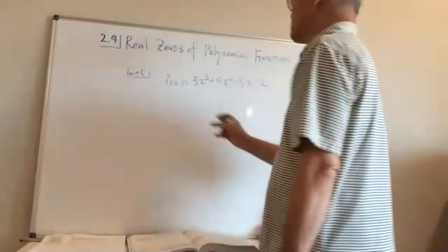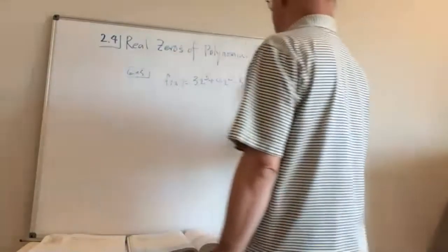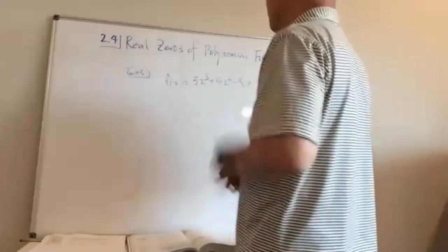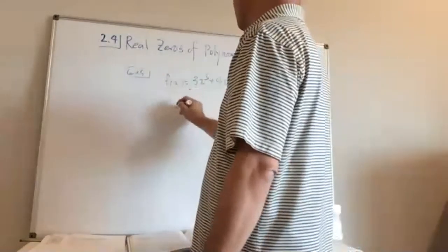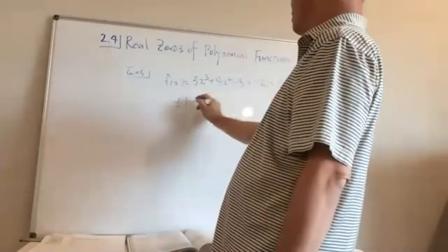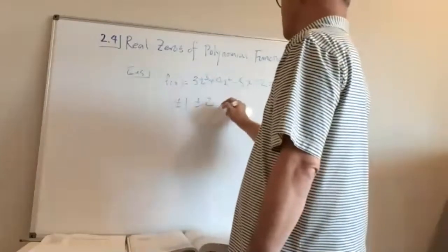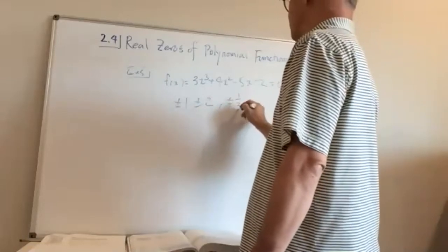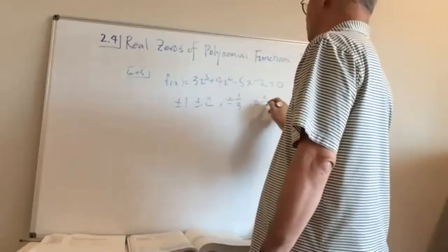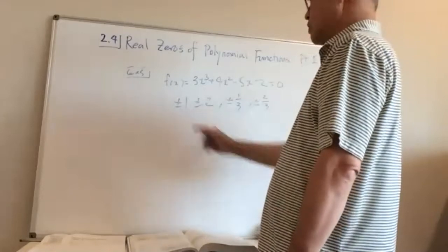So what are my possible zeros here? I'm setting this equal to 0 and trying to find the zeros. It'll be plus or minus 1, plus or minus 2, but then I have the 3 up here. So I'm also going to have plus or minus 1 over 3, plus or minus 2 over 3. Okay, so I have 8 of them.